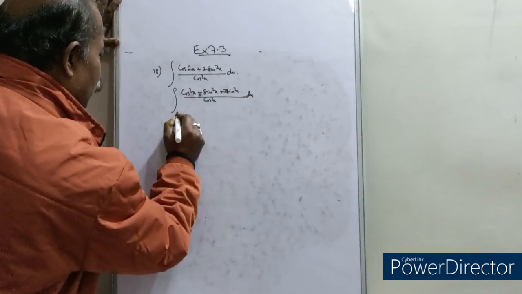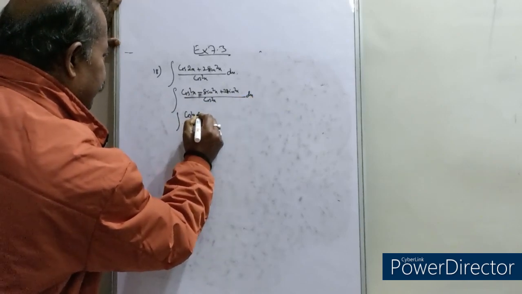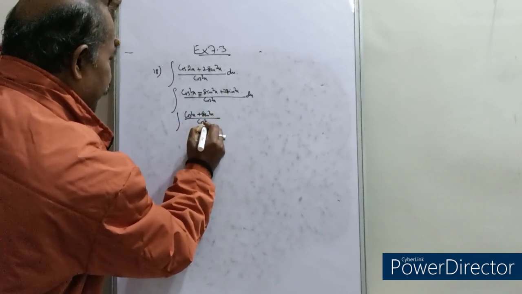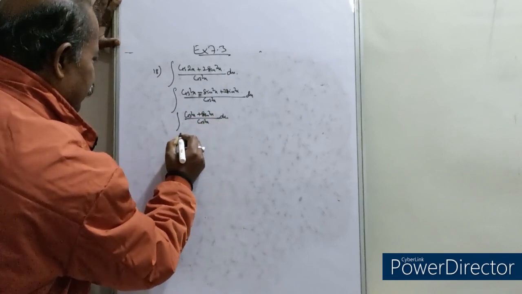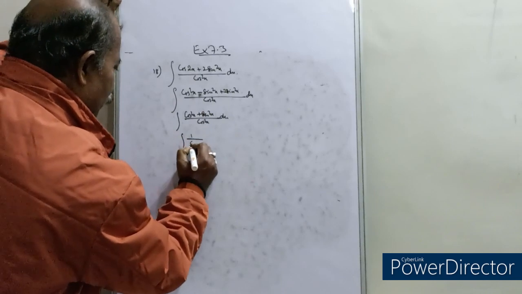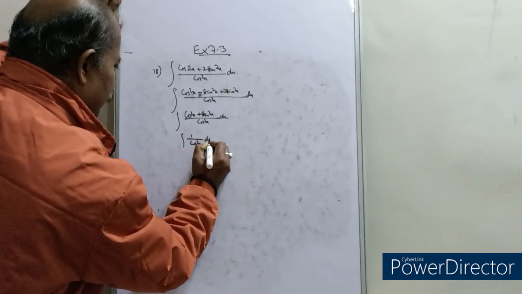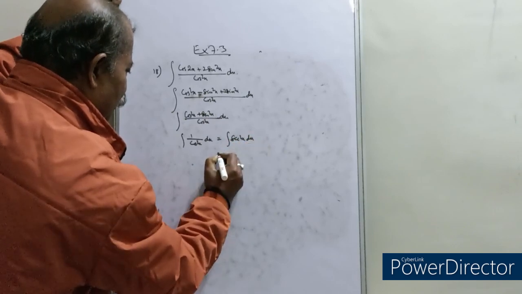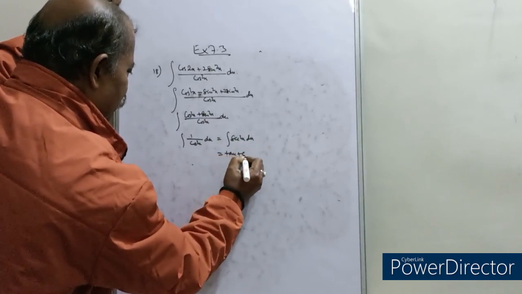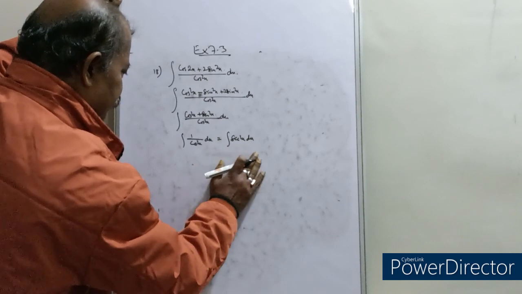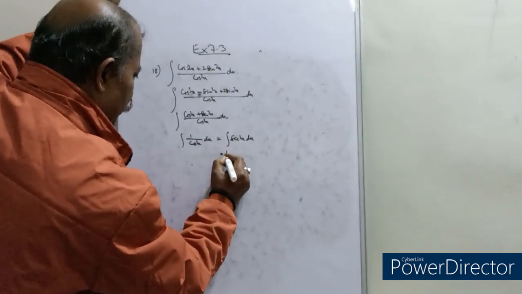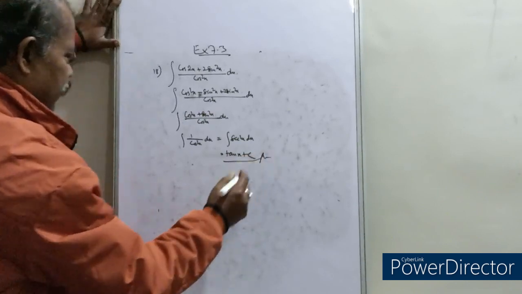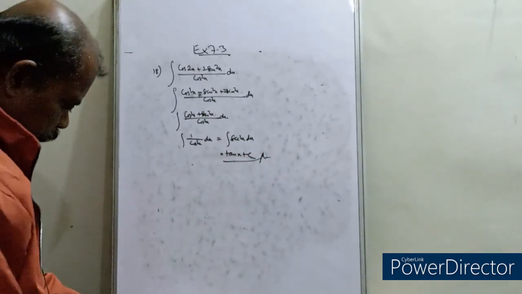This comes out to be cos square x plus sin square x by cos square x dx, which is 1 by cos square x dx, equal to sec square x dx. So this is equal to tan x plus c. This is a simple question and the answer is this.